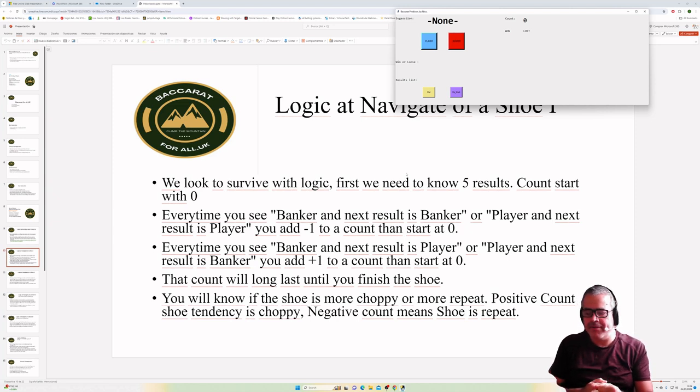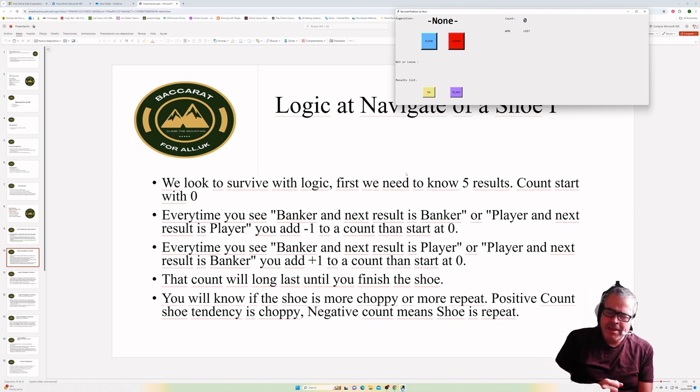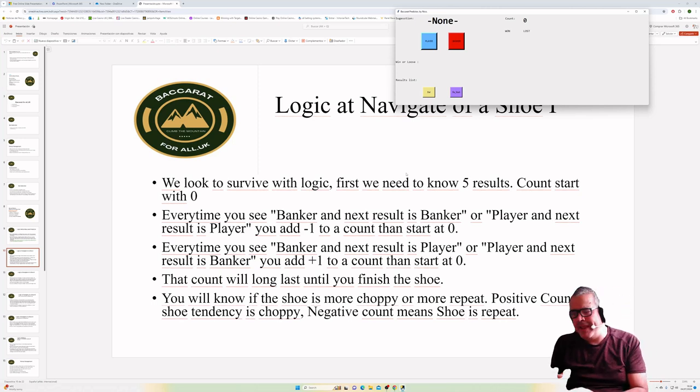So if banker comes, the next time banker should come. If the next comes banker, another banker, it means it is repeat. If it's coming banker, then player, then banker and player, then banker and player, that should be choppy. Okay, so that is how the software works.